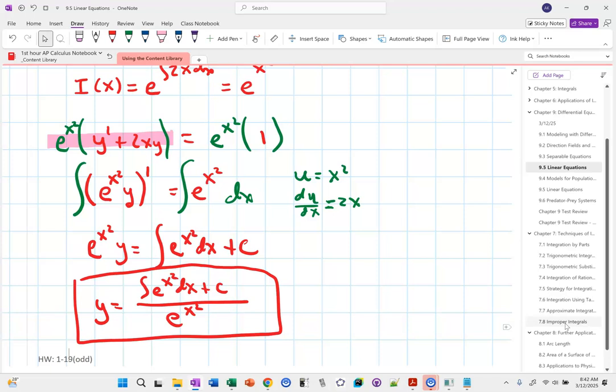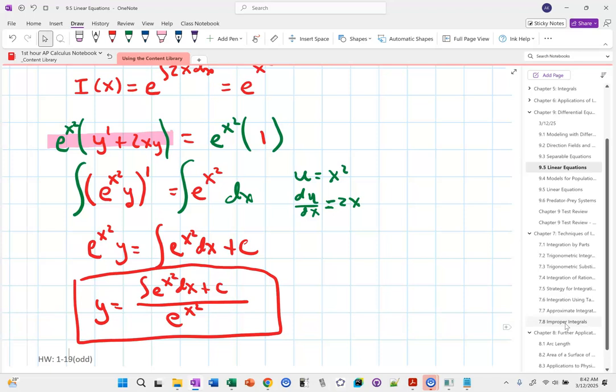I think at this point you've done 300 or so AP multiple choice questions between the stuff I assign you as part of the test review and the stuff we do through the site. It's an awful lot of stuff.